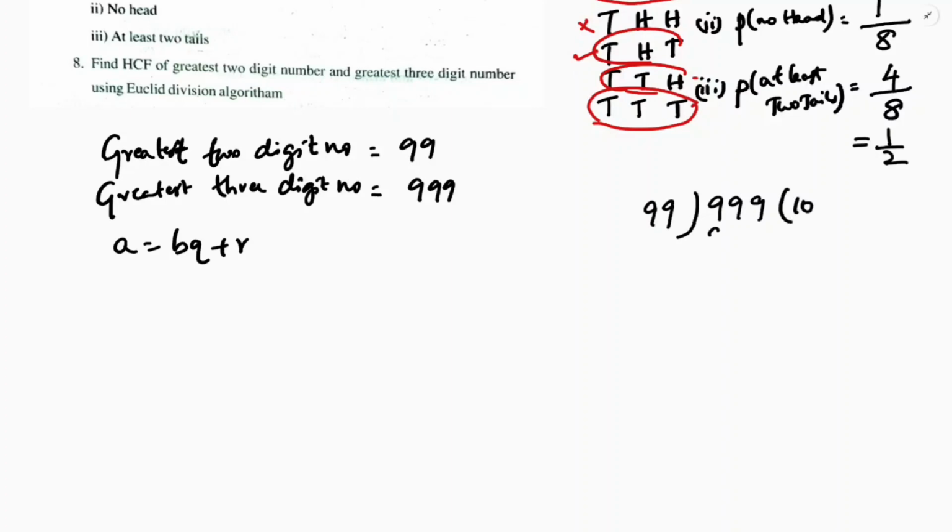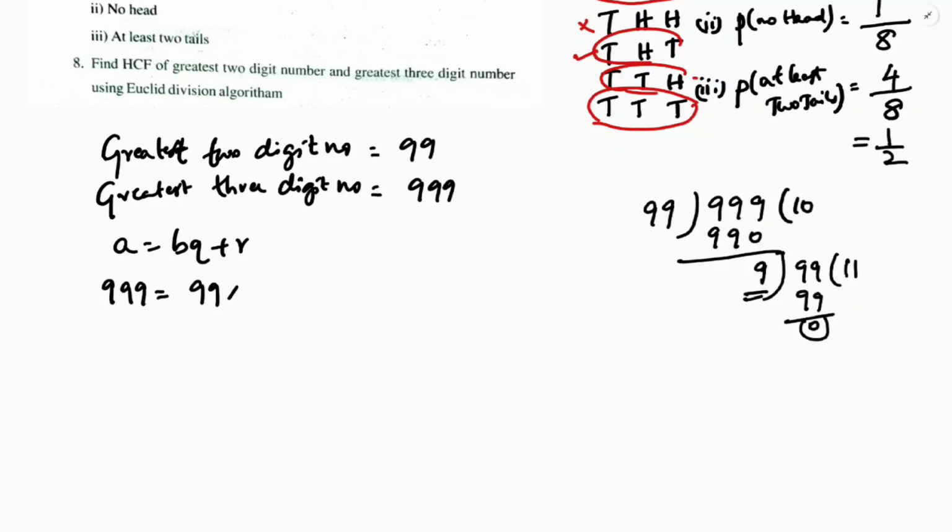99 into 10 is 990. So then again here 99 division method. 9 into 11 is 99. So HCF is 9. So now if you write in Euclid division method, so here see 999 equals 99 times 10 plus 9.